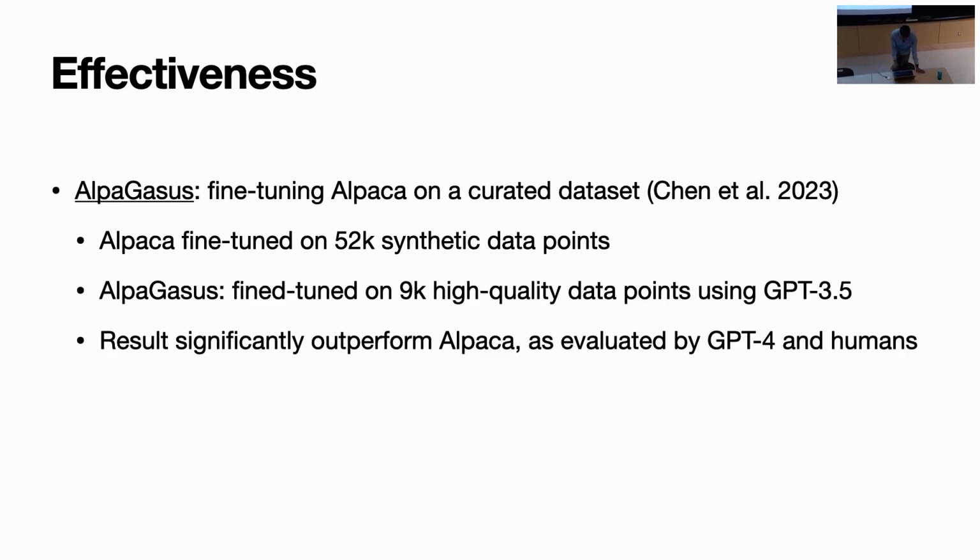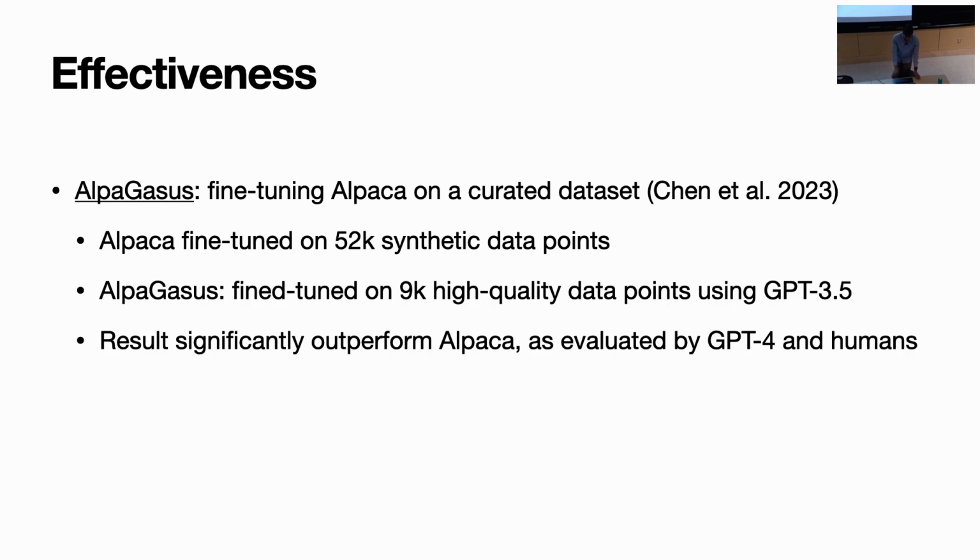Alpaca was fine-tuned on these 52K synthetic data points, but these authors took those data points and noticed there are actually a bunch of issues in this data. General theme in this course: if data has issues, your downstream results are not going to be quite as good. So they used GPT 3.5 to score those 52K data points, filtered out the best 9,000 of them, and then instead of fine-tuning Llama on the big data set, they fine-tuned it on the high-quality small data set.